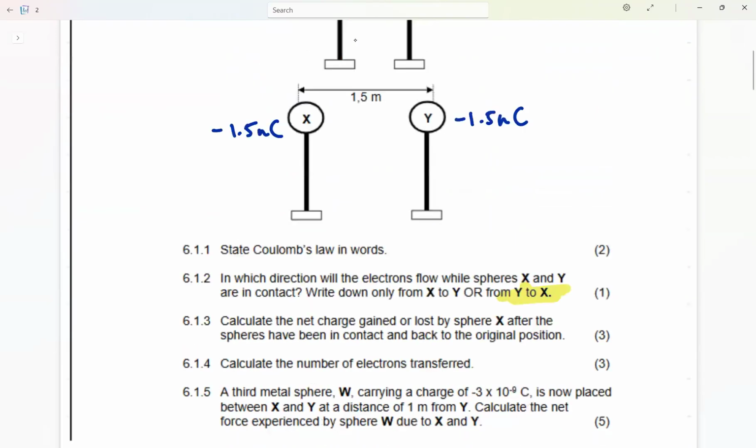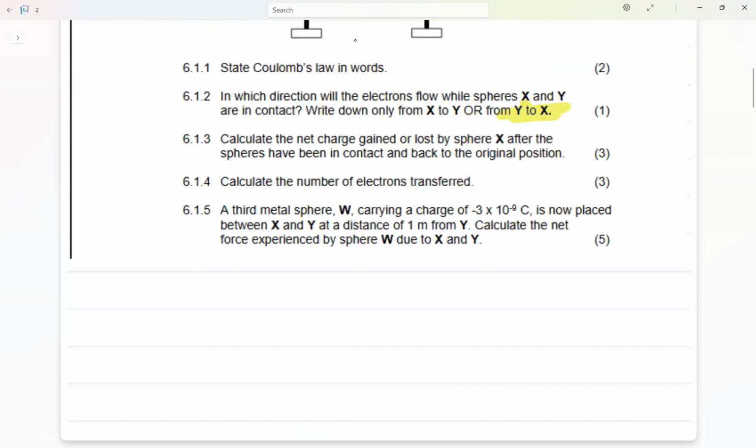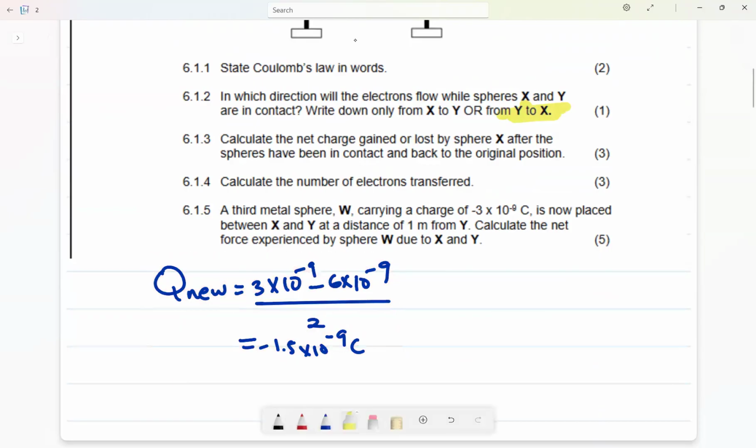Let me answer the question. This is 6.1.3. Again, this is the new charge.